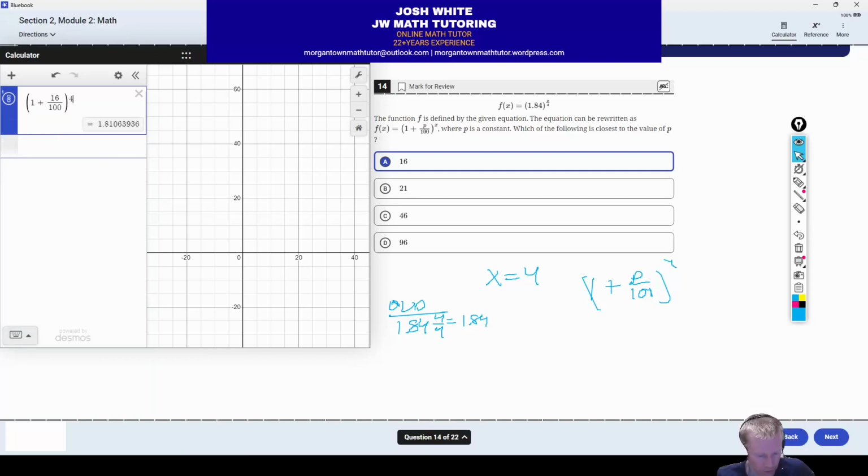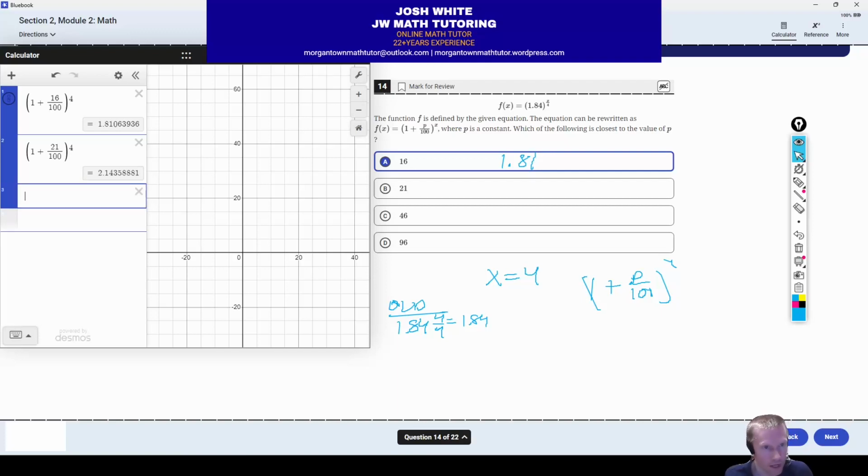All right. So first answer choice, 1.81. It's pretty close. Again, it's not exact. We're going to see if we can find something closer or not. And then we go to B. 2.144. Okay, getting much further away. Now I would go to C. 4.54.